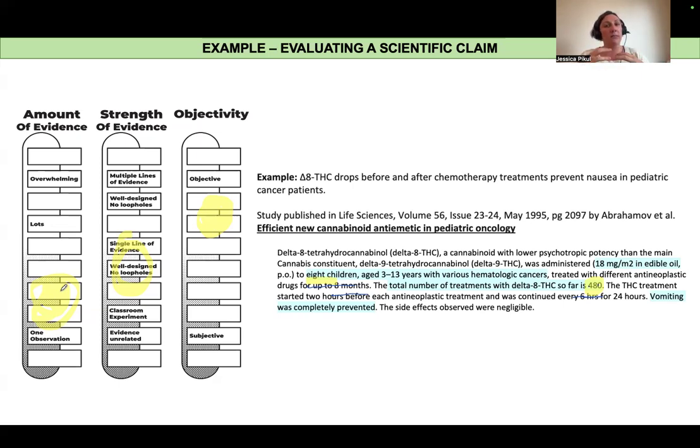But you could improve that strength of evidence by finding other studies that supported it, and if you had a large body of research done by different research groups or different scientists that were all coming to the same conclusion, that would be lots of evidence instead of little evidence.